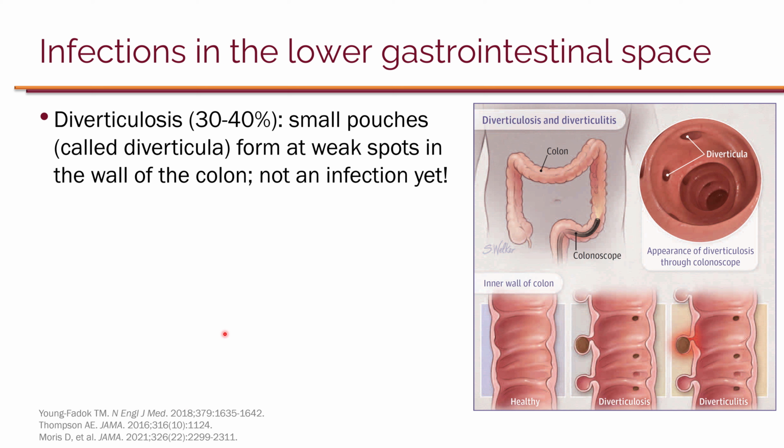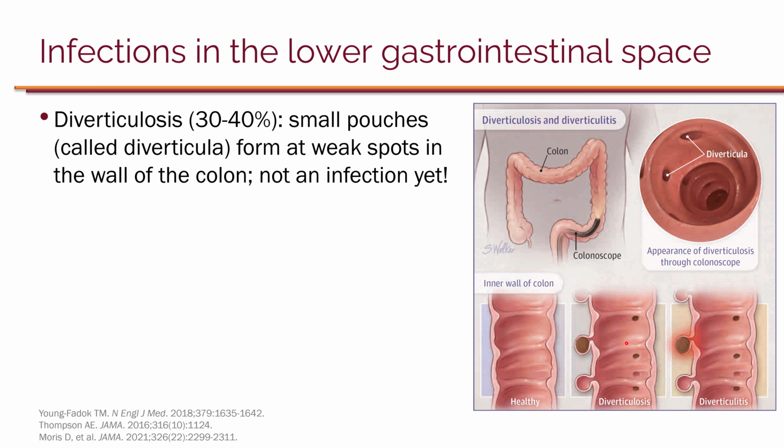Now, infections in the lower gastrointestinal tract. Let's focus on the colon. In a healthy person, this is what the colon looks like. Diverticulosis develops in about 30 to 40% of the population, and the risk goes higher as people get older.